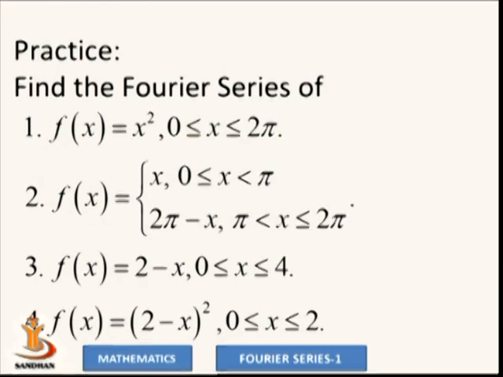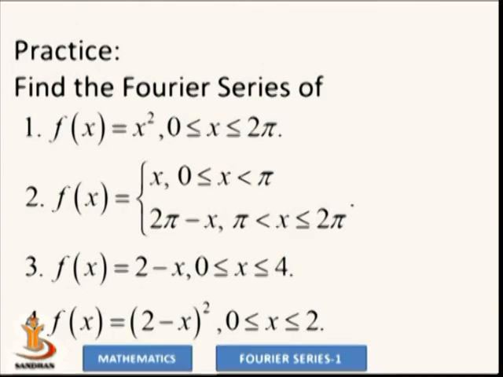Now the third function, f of x equal to 2 minus x, from 0 less or equal to x less or equal to 4. Limit is 0 to 4. And the fourth one is f of x equal to 2 minus x whole square, limit is 0 to 2.